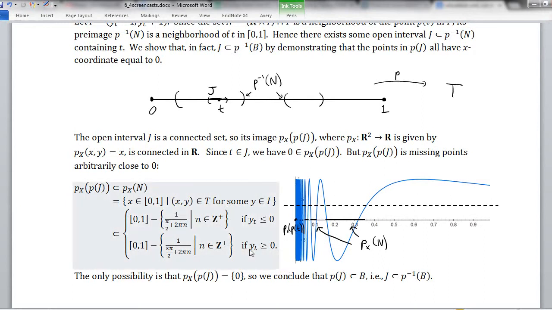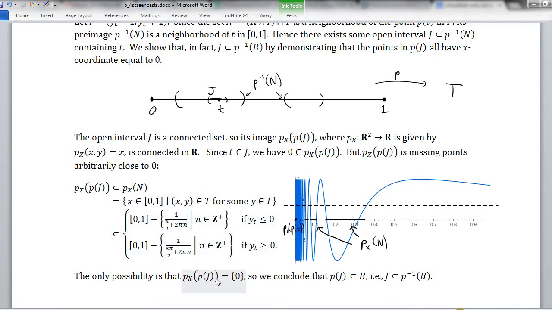And if y_t were greater than or equal to 0, then my I would be more like this, and my N would be missing the points in T down here. If you plug these values into sin(1/x), you always get negative 1. And so these x-coordinates would not occur for points in N in that case. So in either case, we've shown that this set is missing points arbitrarily close to 0.